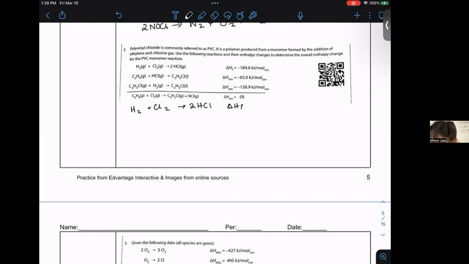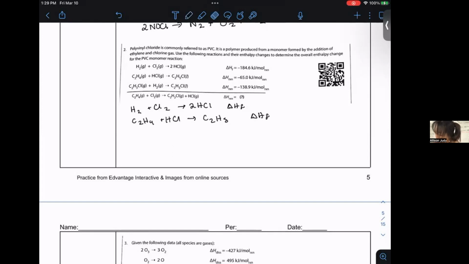And I'm just going to keep HF normal to itself. For the second one, I'm also going to keep it the same, because the C2H4 that's found in the net is also on the reactant side in a ratio of 1. So I'm just going to keep it.